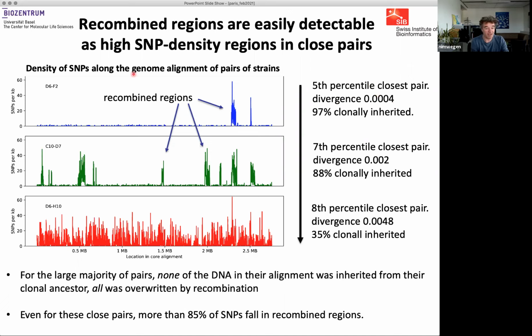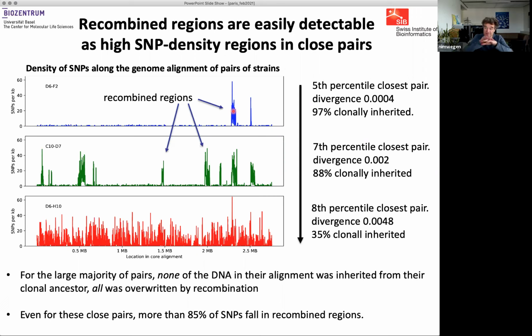If you now make an alignment of the 2 and go with a sliding window over this alignment and ask what is the number of SNPs per, let's say, 1 kilobase block, then you see that for most of this alignment, this number of SNPs is very low. And then there are 2 regions where suddenly the number of SNPs is much higher, around 20 SNPs in a KB, which is the typical distance that random pairs of strains have.